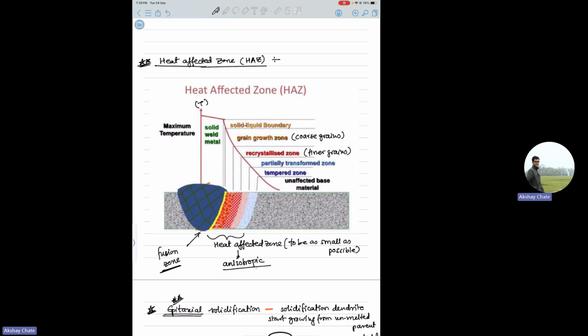And then you can see for iron carbide, etc., how you define those things. All those things are there. As I said, this heat affected zone should not be large because it reduces toughness and it is an invitation for corrosion.